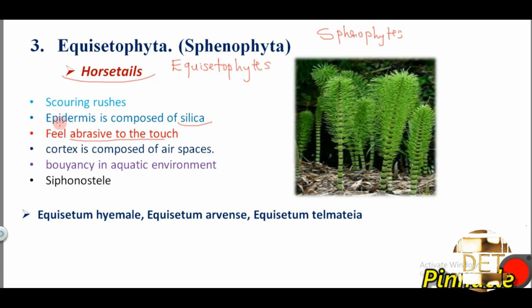Why? They are called scouring rushes because their epidermis is composed of silica, and that makes them feel very abrasive to touch. In the olden days, because of that silica deposition in their epidermis, these plants were used for washing pots. So that is why they are called scouring rushes.